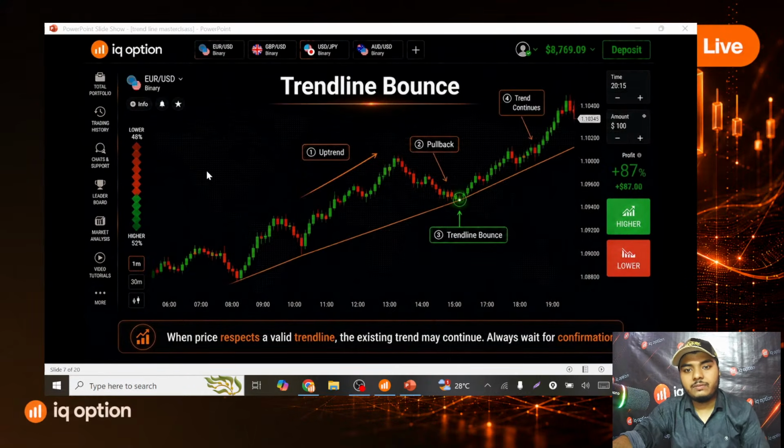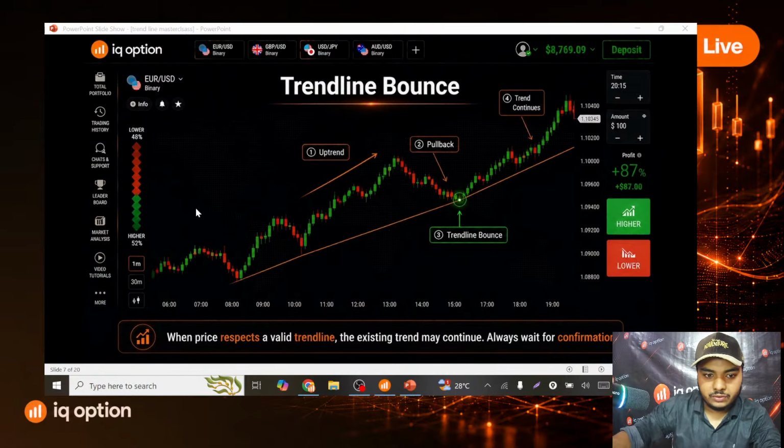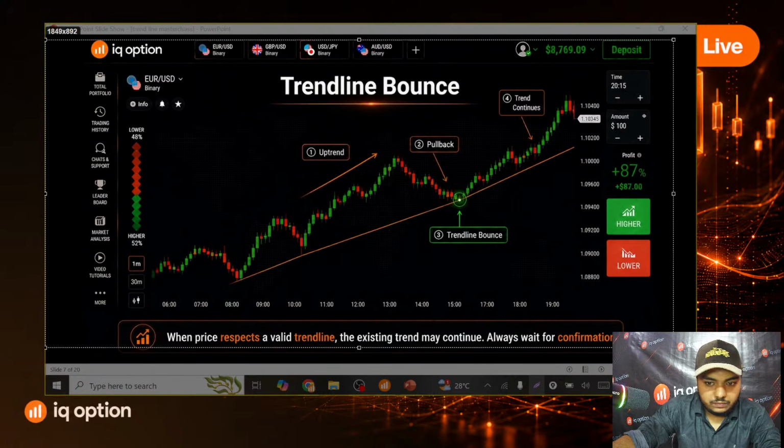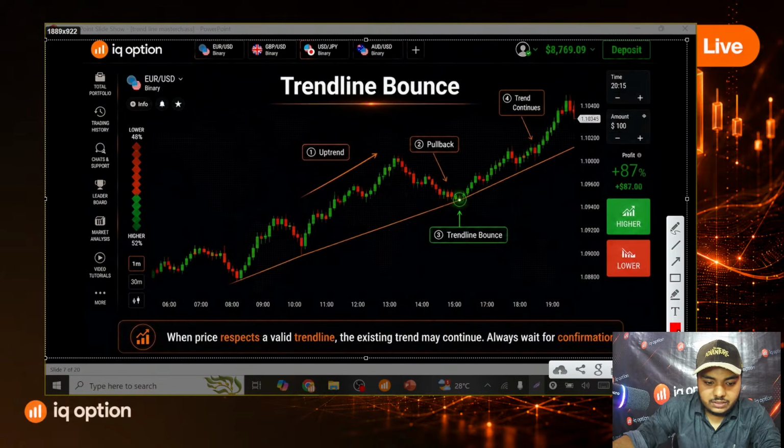Our next topic is about trend line bounce. After this one, I will show you on the IQ Option chart so that you can understand. What is a trend line bounce? Let's see what happens when the price reaches a valid trend line.